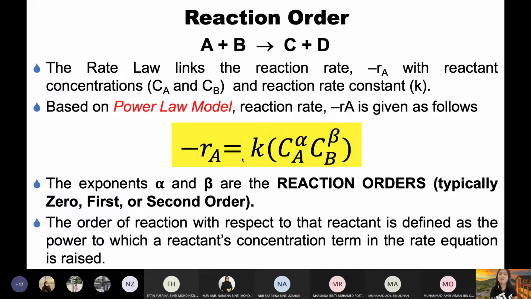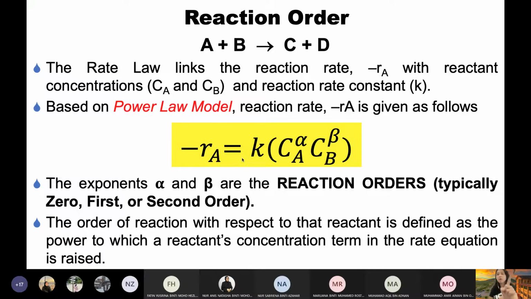However, it's also possible rate law dia jadi minus RA equals to KCA. First order with respect to A. Ataupun dia boleh juga menjadi minus RA equals to KCB. First order with respect to B. So, kamu perasan, kenapa kalau kes pertama tak ada CB, dia jadi minus RA KCA, itu saja.